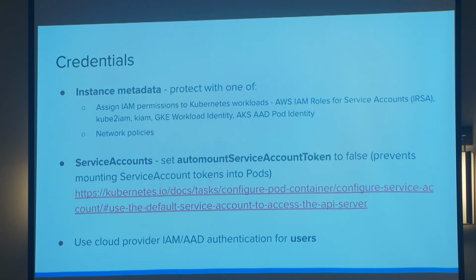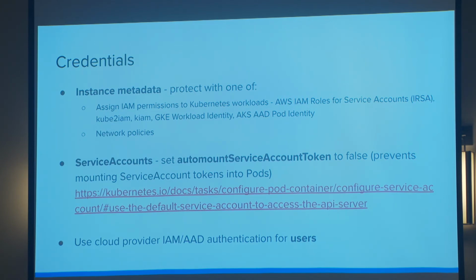Now let's talk about the credentials. So we've got the instance metadata. With instance metadata, a lot of times there's going to be credentials contained in there. You can restrict access, or you should restrict access to those, either using network policies, or there's also a native way that cloud providers support to assign permissions to the workloads if you need to do that.